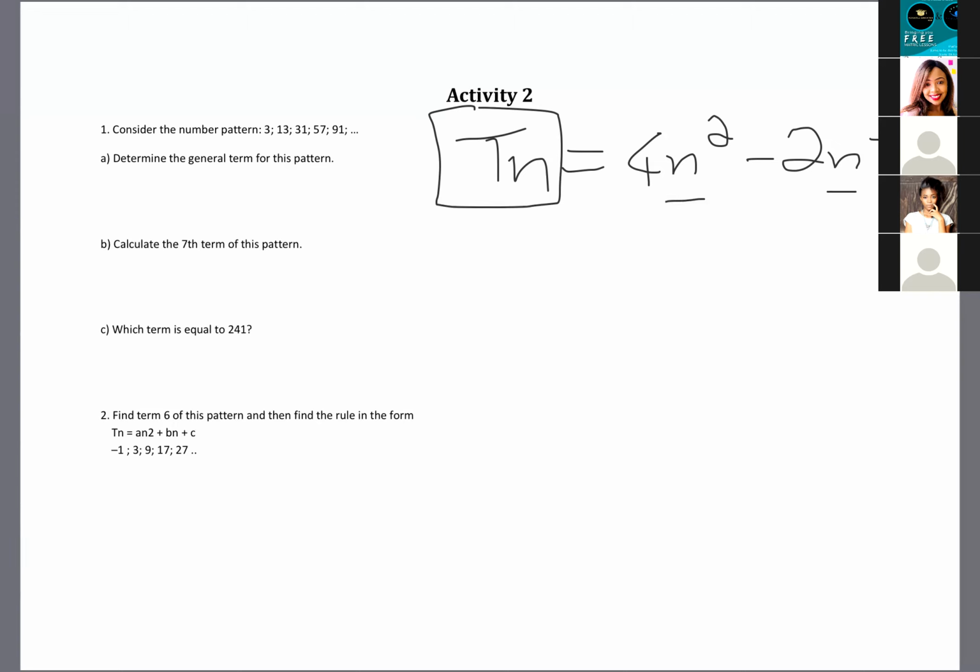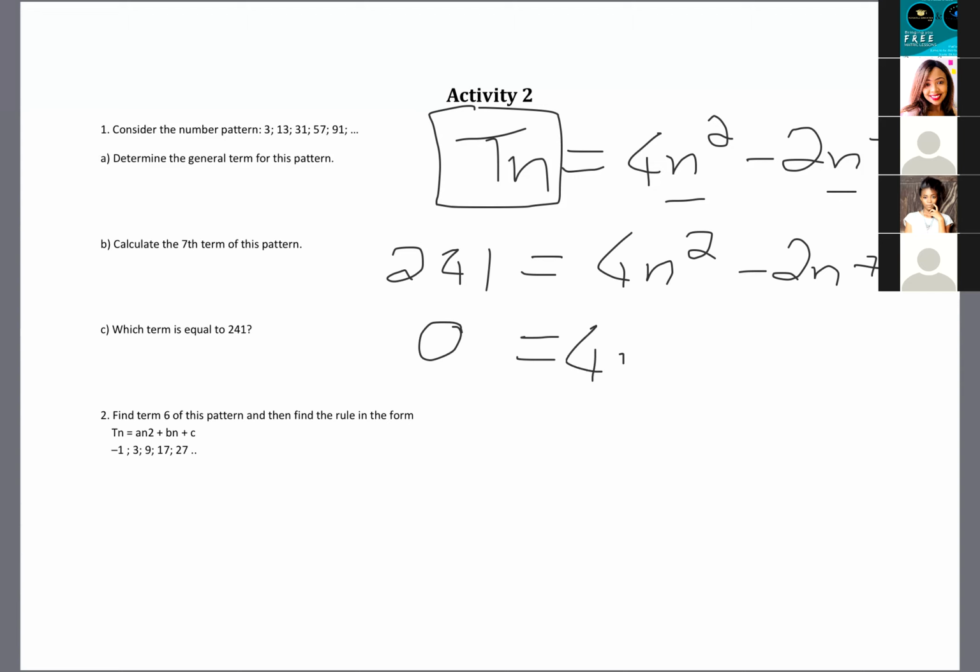So they give you your Tn, which is 241. So I just solve it like I would any quadratic equation. I'm going to take my 241 to the other side and make it equal to 0. So I'm going to say 4n squared minus 2n plus 1 minus 241.